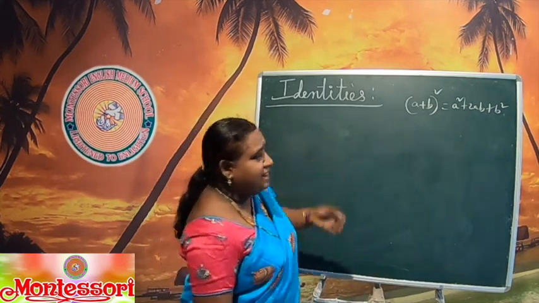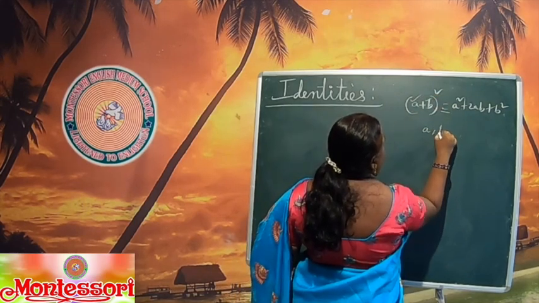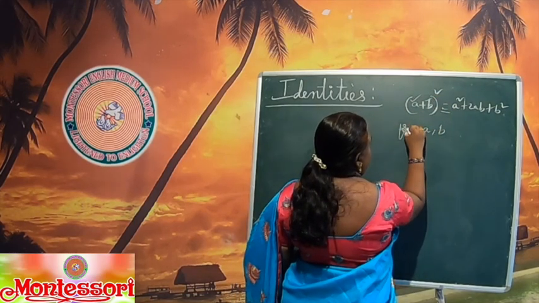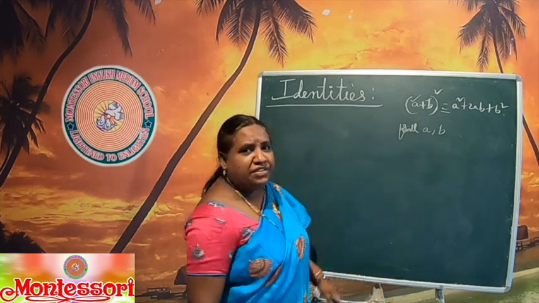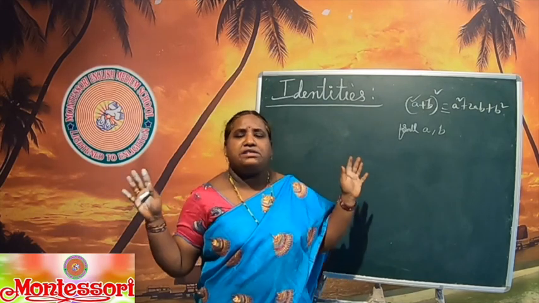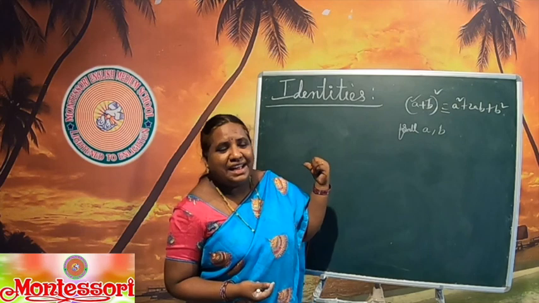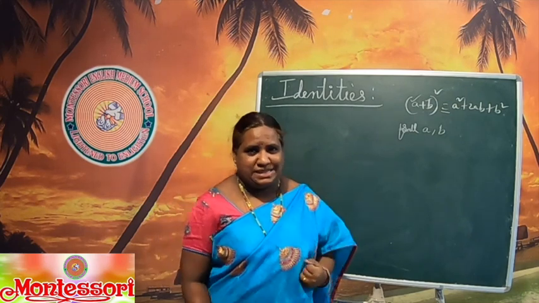So what does identity mean? It is true for all the values of a and b. An equation that is true for all the values of the variable, for algebraic numbers. Now here we will come to angles.